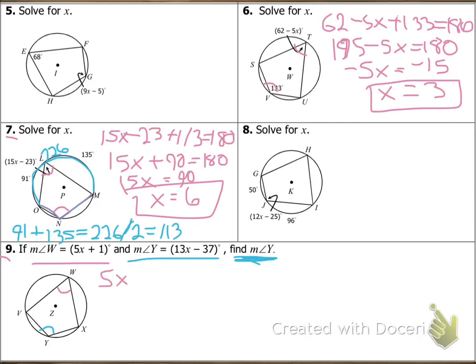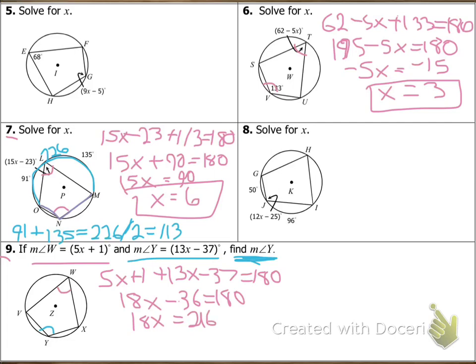So we're going to have 5x plus 1 plus 13x minus 37 equals 180. So 5 plus 13, we're going to get 18x minus 36 equals 180. Add the 36 to both sides, and we're going to have 18x equals 216.